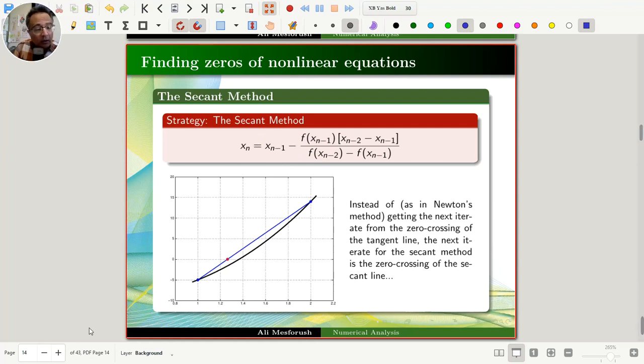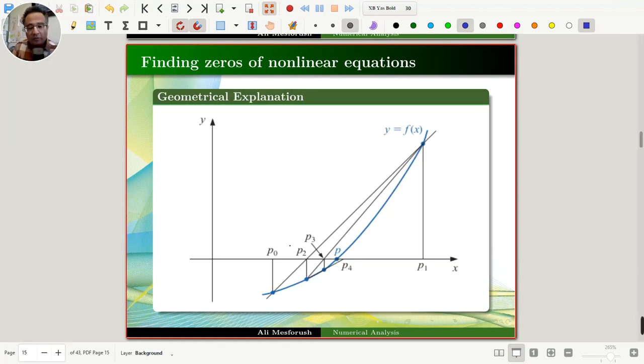algorithm? Consider, in this picture, we start with P0, and this is f of P0. When we find P1 from P0 with this equation, P1 equals P0 minus f of P0 over f prime of P0, we find this P1.